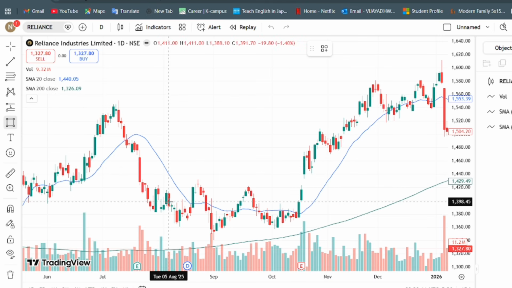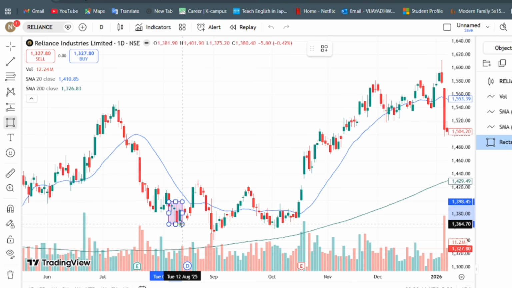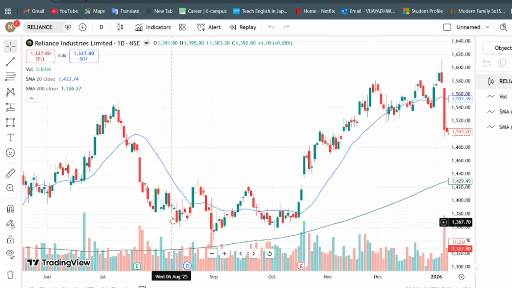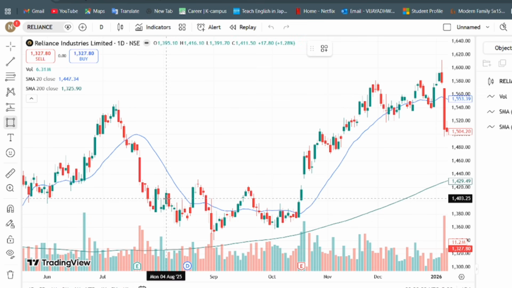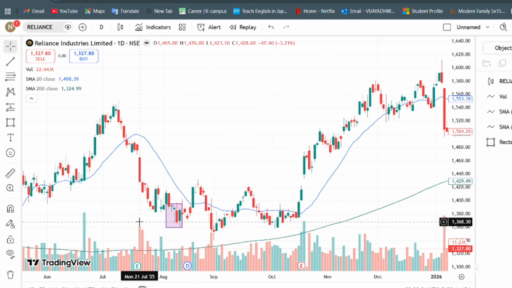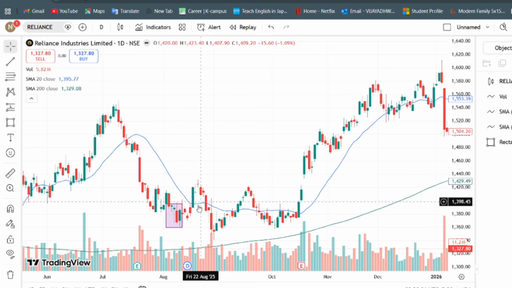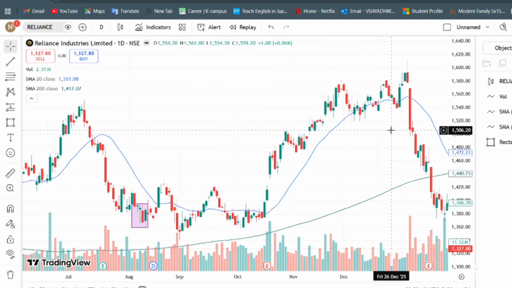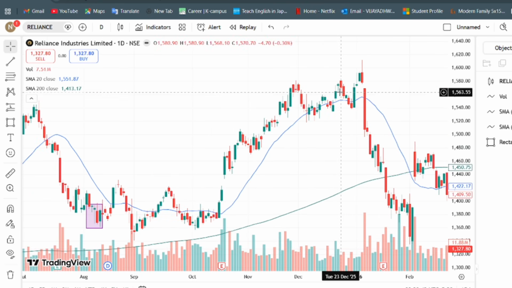See, the hammer pattern exists here. Can you see this hammer pattern? From this pattern, the stock of Reliance started going up and it has reached the peak here.